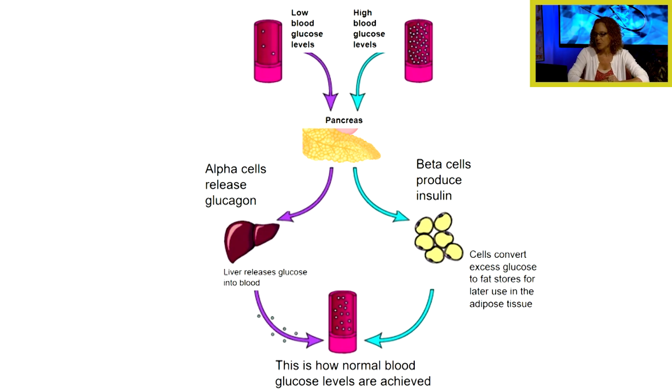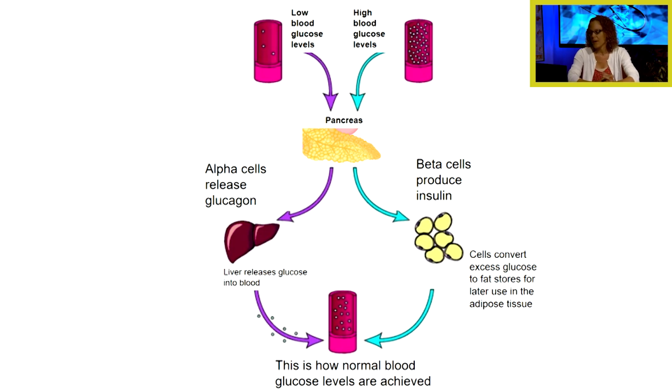But either way, if we have a donut and our blood glucose level is high, our cells are going to convert this excess glucose into fat stores, maybe for later use. And a lot of times where this goes is into our adipose tissue. And so it can then be used at a later time, but it can also contribute to us gaining weight.